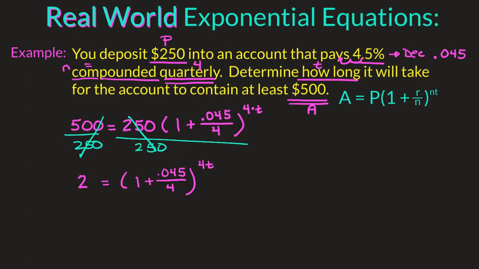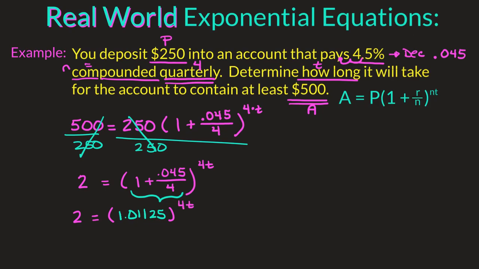Now if you can plug in what's in the parentheses into your calculator and it will give you not too long of a decimal, then I say go ahead and simplify it further. And in this case, it does give us a decent decimal. So we have 2 equals (1.01125) to the 4t power.